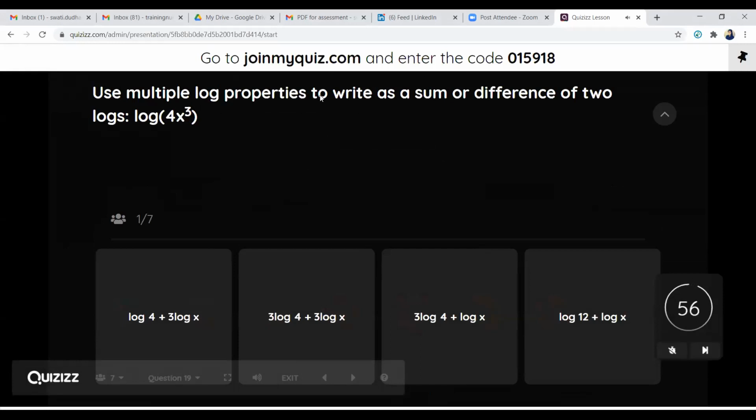Use multiple log property to write as a sum or difference of these two logs.